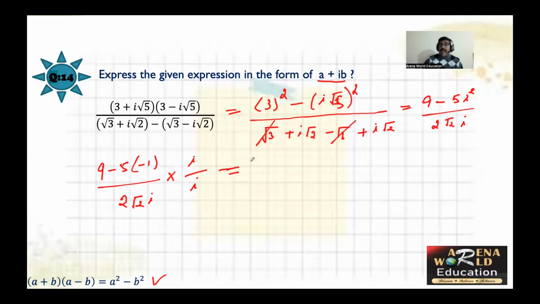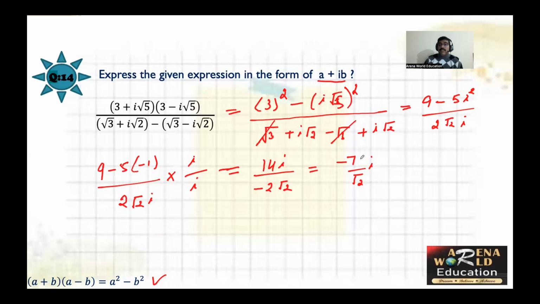So this will be 9 plus 5, 14. So this will be 14 iota divided by iota into iota, iota square. So directly I am writing minus 2 under root 2. This will be equal to minus 7 upon root 2 iota, right?